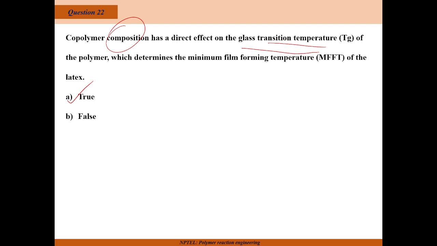Generally, regarding film forming capability, as I told now, not all resins or polymers can be converted into film. Polyethylene also, LLDPE has more film forming tendency. So whatever composition is there can affect the TG, and the film forming temperature can also be on the lower side.